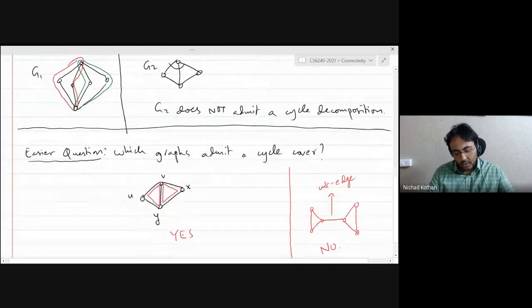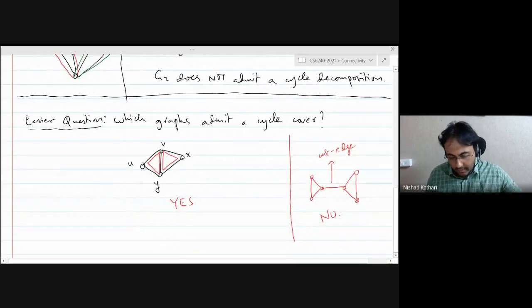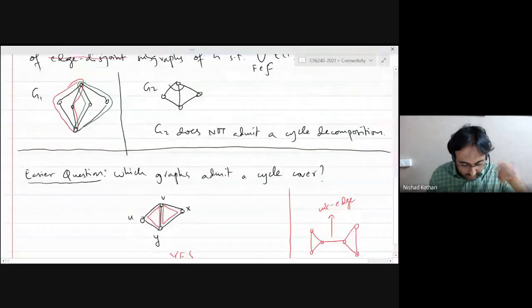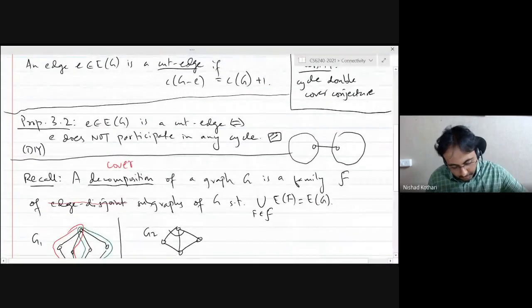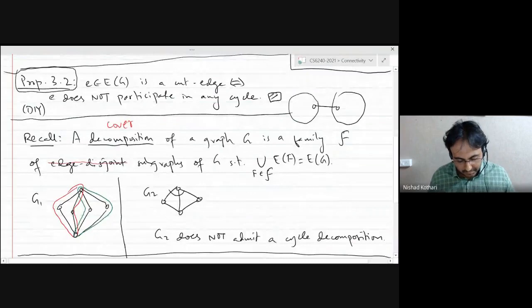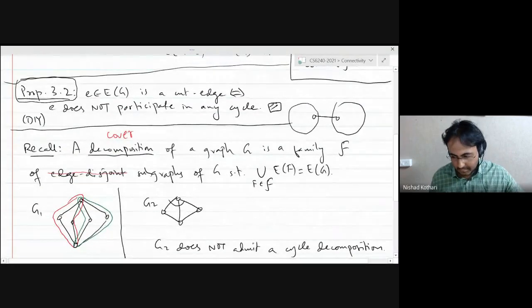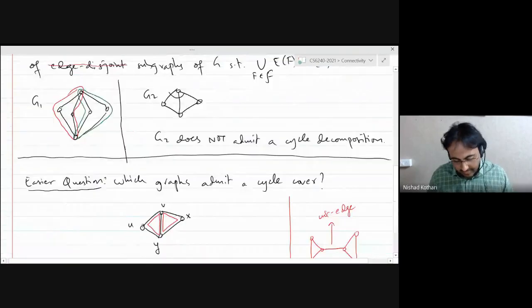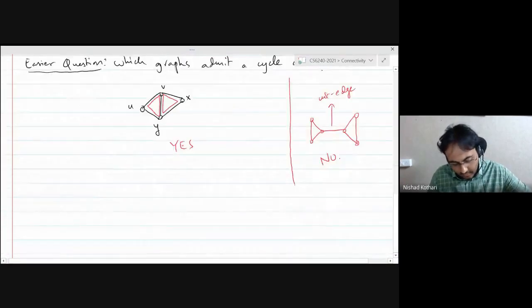Okay, good. So, can someone tell me, using this proposition, which graphs admit cycle covers? Graphs without cut edges. Exactly. Any graph without a cut edge admits a cycle cover.